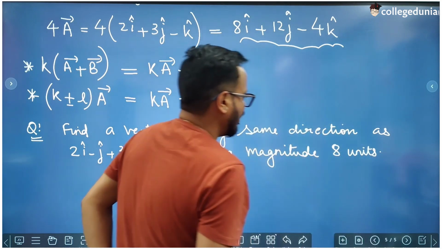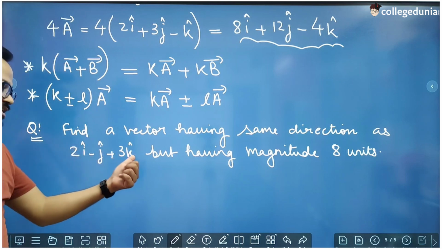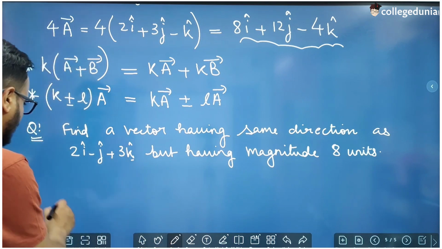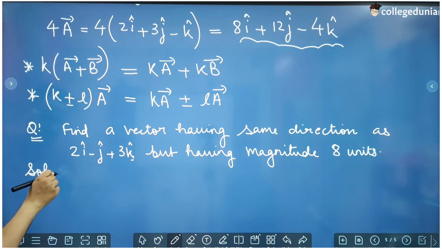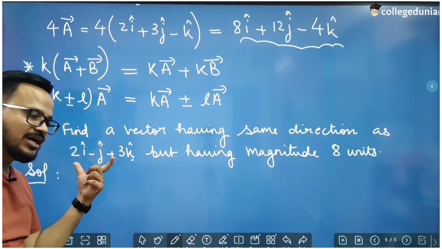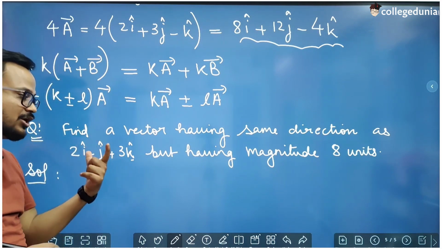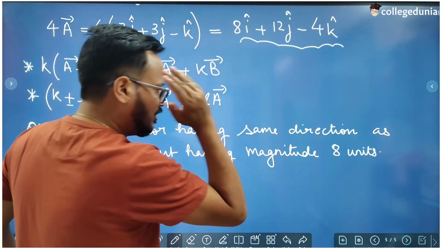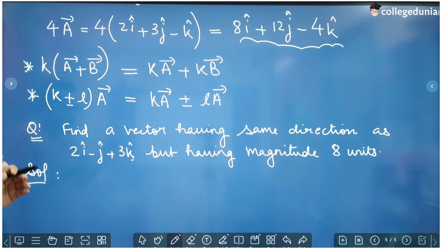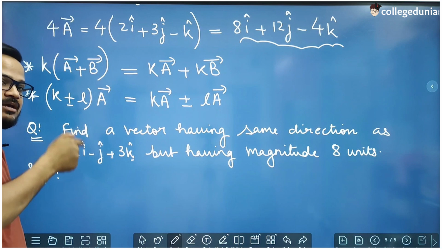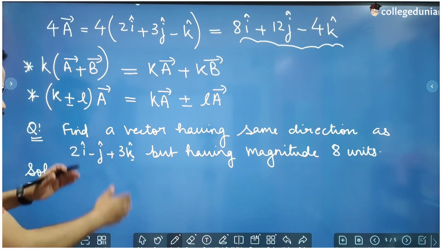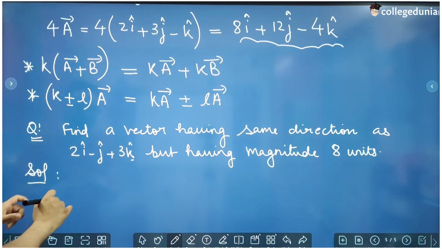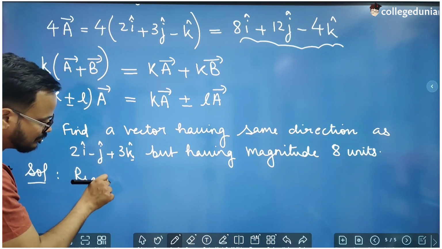We have to find a vector whose direction is the same as this, but the vector should have a magnitude of 8 units. Now this will be done using the unitary method. First we will find a unit vector in the direction of this vector. That unit vector has a magnitude 1. So if we multiply that unit vector with 8, we are going to get a vector in the direction of this, because when we are multiplying a vector by a scalar, we are not changing the direction. So if we take the unit vector of this vector and multiply that by 8, then we are going to get the required vector.